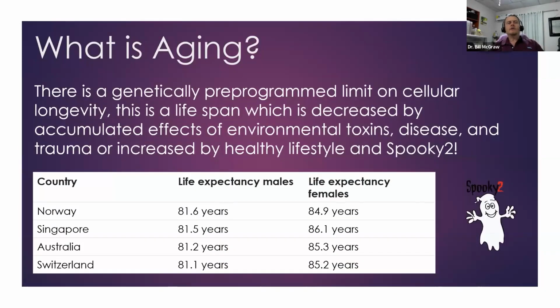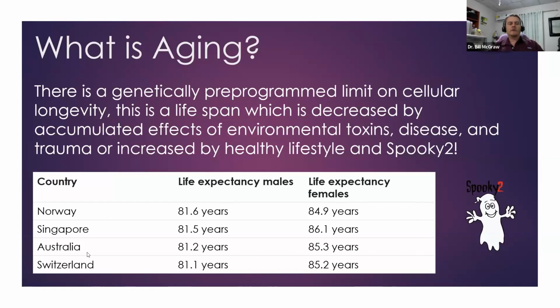Well, aging is also a pre-programmed genetic limit on cellular longevity. So this is a lifespan which is decreased by accumulated effects of environmental toxins, disease, and trauma, or increased by a healthy lifestyle with Spooky2 frequencies to help manage aging and reverse symptoms of aging. But a funny thing to look at is life expectancy.